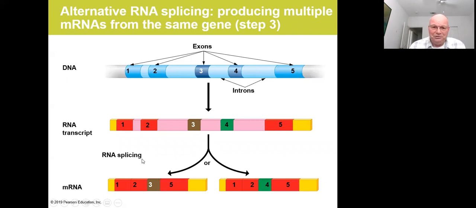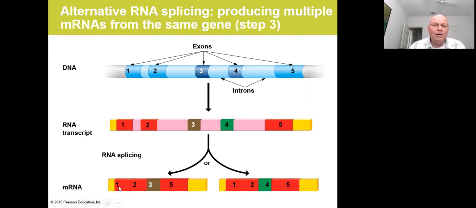So we cut out the introns, and then we need to splice together the exons. But here's where it gets interesting, because there is no rule that says, number one, we have to use all the exons and splice them together to make the final messenger RNA, nor is there any rule that says they have to be spliced together in a particular order. So here you can see 2 resulting messenger RNAs that have been produced by splicing together exons, yes, but not necessarily using all the exons.